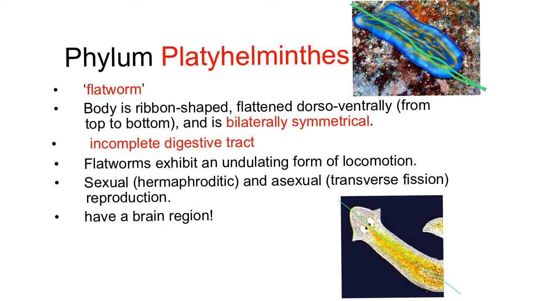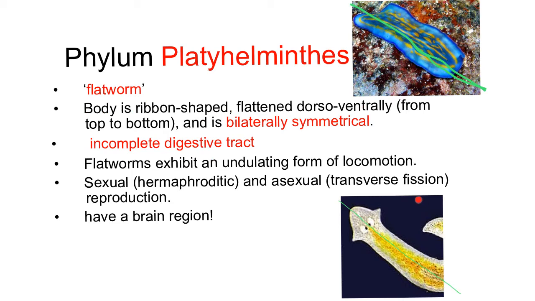And so these guys are different from the cnidaria, the jellyfish, because they are bilaterally symmetrical, which means you can draw that line down the middle and have a left side and a right side. But they're similar because they have an incomplete digestive tract still. So they have one opening. They have a mouth and an anus, and it's all in one spot.